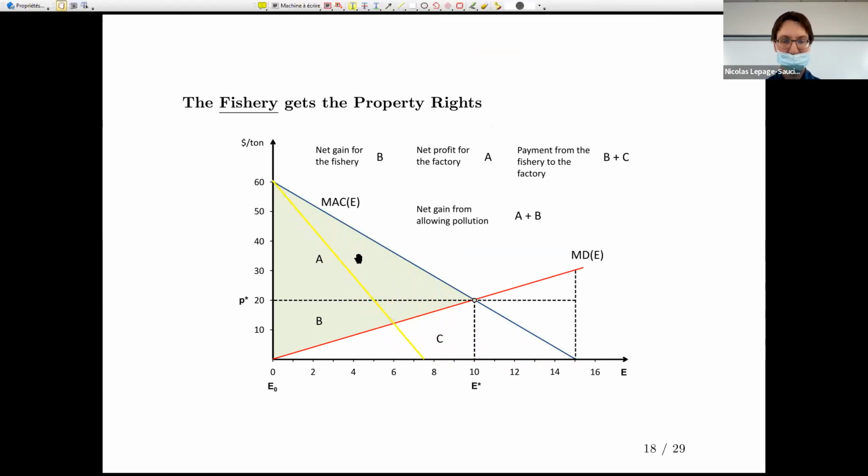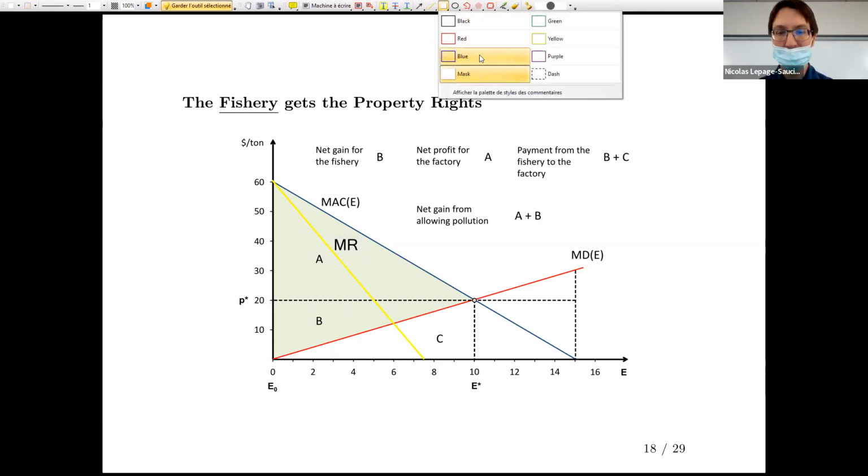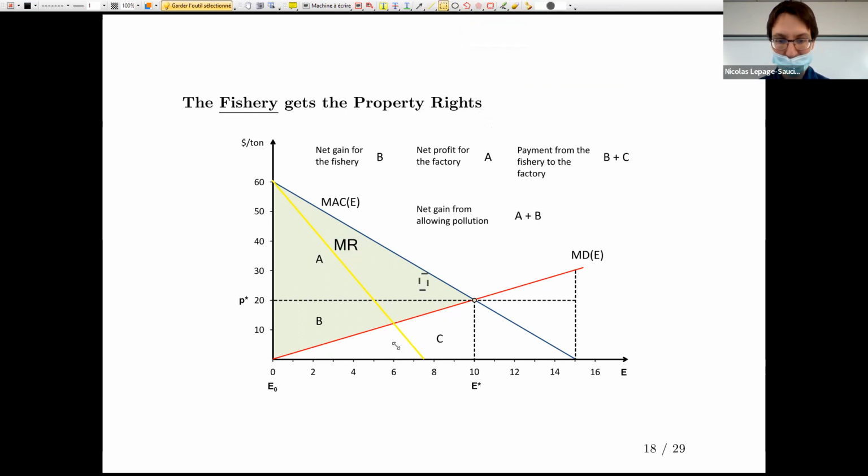That would be the marginal revenue curve, exactly like a monopolist. And you would decide that the best quantity for you is actually 6, and the price that you charge the fishery is not 20, it would be something like 30. You would charge 30. That would be the optimal amount of money you could extract.